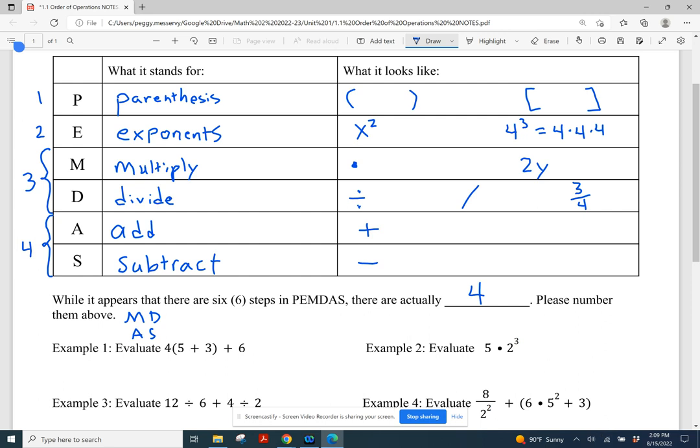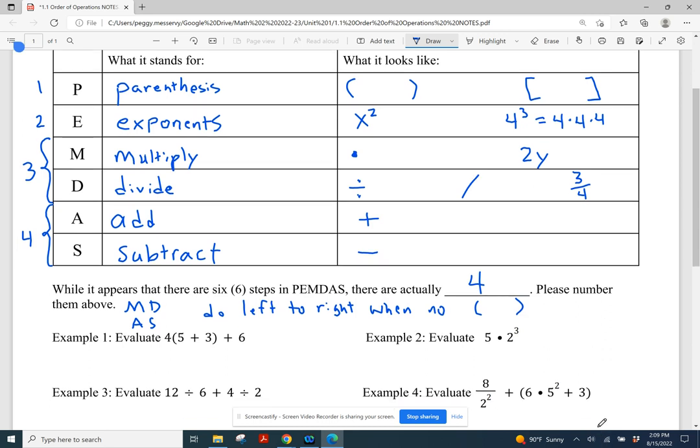We'll do the multiplying and dividing before we do the adding and subtracting. So on these, we do them left to right, when there are no grouping symbols.